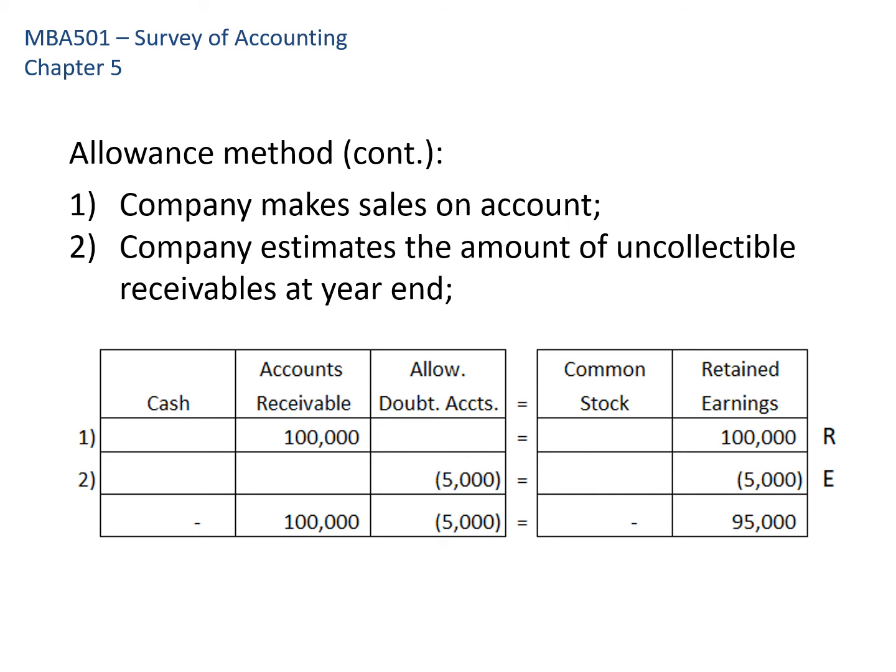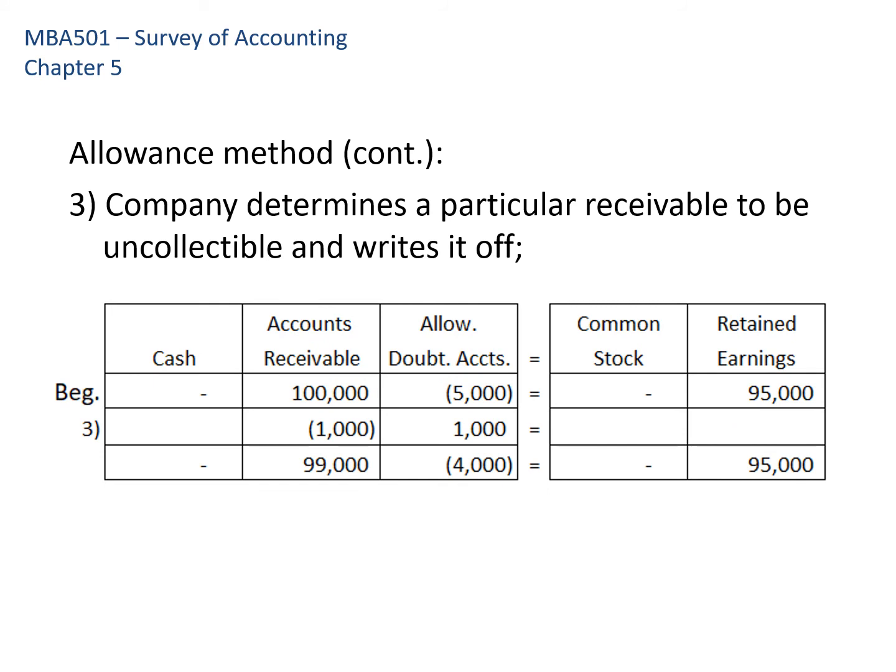In that case, they recognize $5,000 of uncollectible account expense, which pulls down retained earnings, and they create that provision. And you can see there it's a negative number. So in this case, the net realizable value of receivables for this company at that year end is $95,000. That's the amount they ultimately think they'll collect.